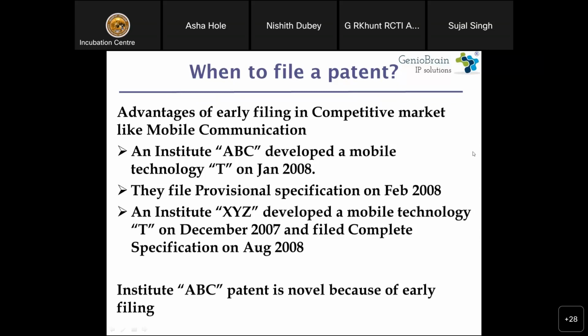So that is what we also need to consider while deciding our invention. While deciding in which area you have to work, you need to focus on the competitive market. What is the life cycle of your invention? If your product life cycle is, let's say, 2 years, you need to work at a very fast pace. You need to protect your IP, you need to go into the market.